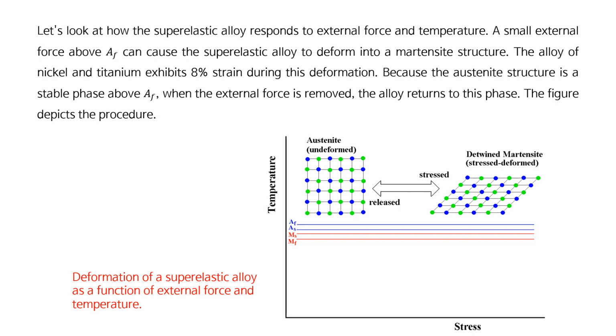Let's look at how the superelastic alloy responds to external force and temperature. A small external force above austenite finish temperature can cause the superelastic alloy to deform into a martensite structure.